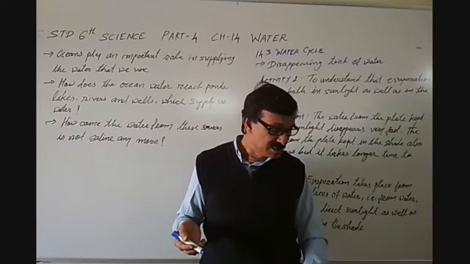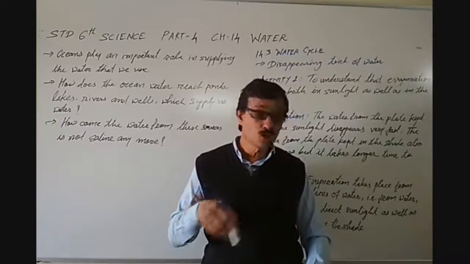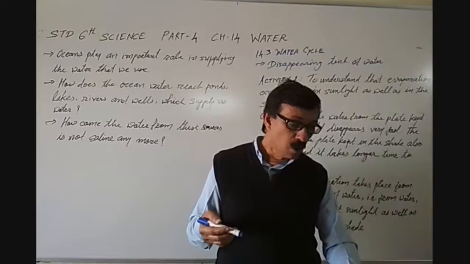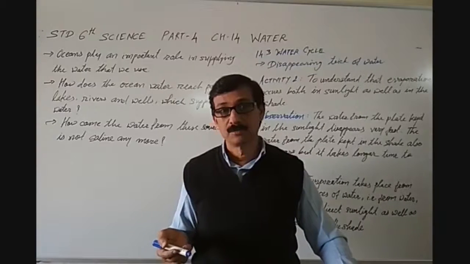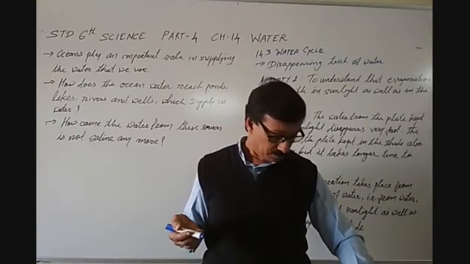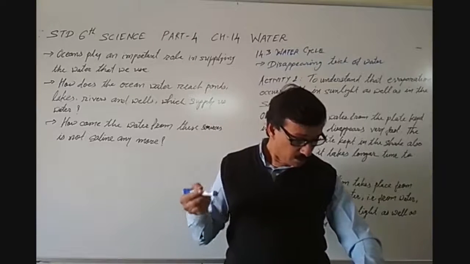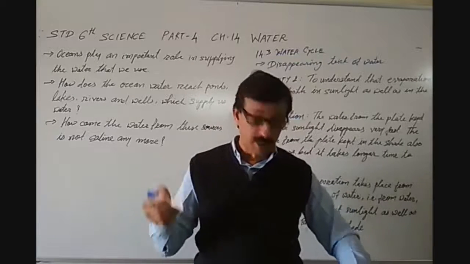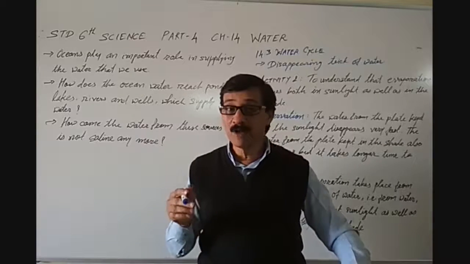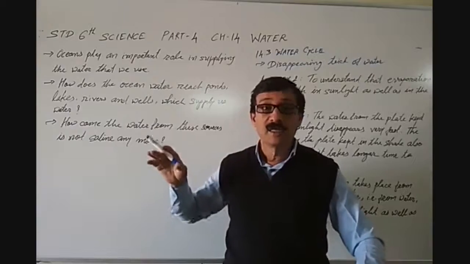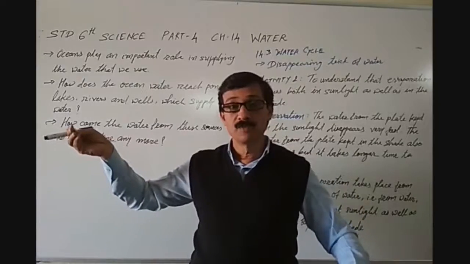However, we have seen that water changes into its vapor also from the fields. We have seen that water changes into its vapor from the fields also. Why? Because we know that we can get salt from that land.